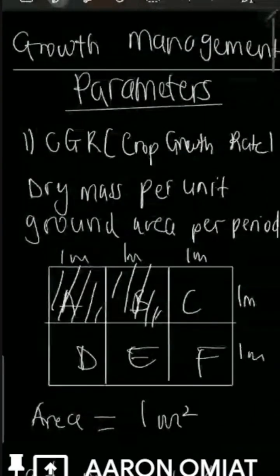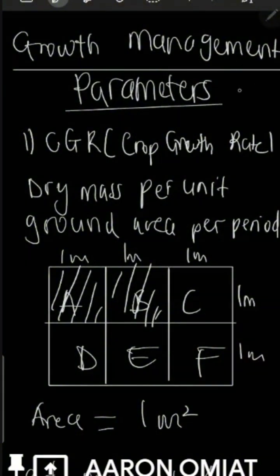These calculations are not done by ordinary farmers. They are done by researchers. So now, maybe NARO has released a new variety of maize, and the researchers want to find out whether this new variety really grows faster than the normal ones.